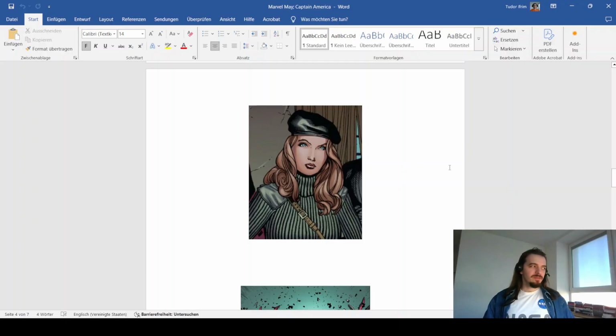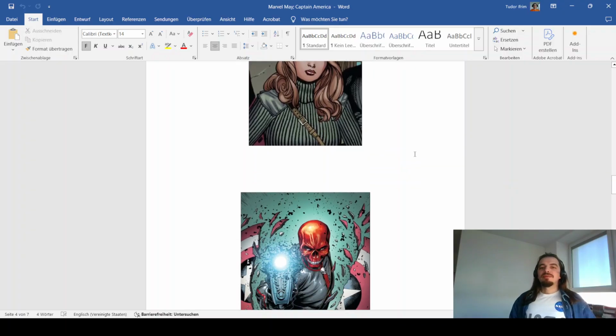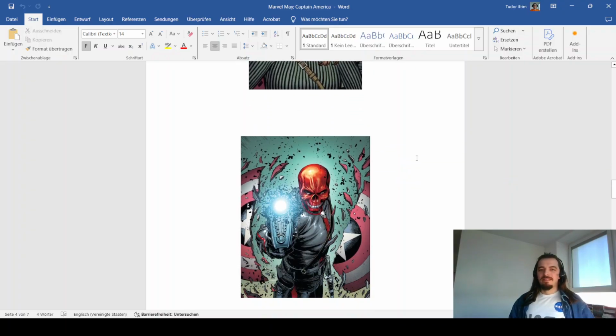At which point, Cap and the Howling Commandos take it upon themselves to undertake a rescue mission, and that rescue mission will pit them against their most notable challenge yet.